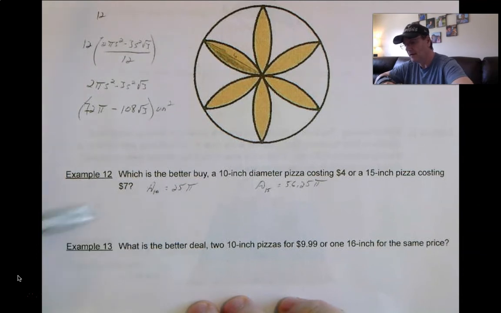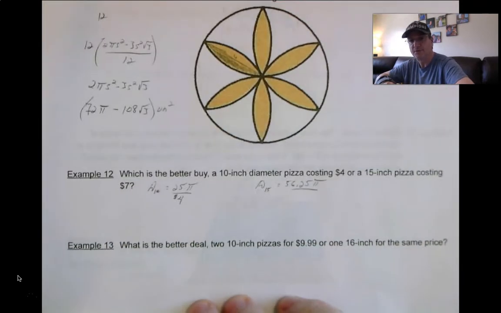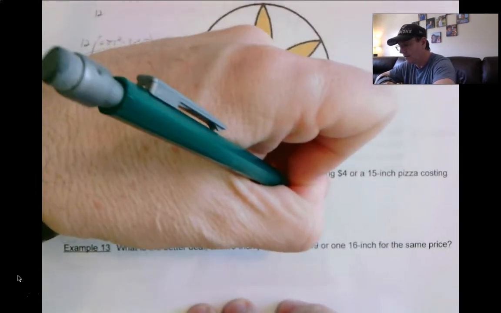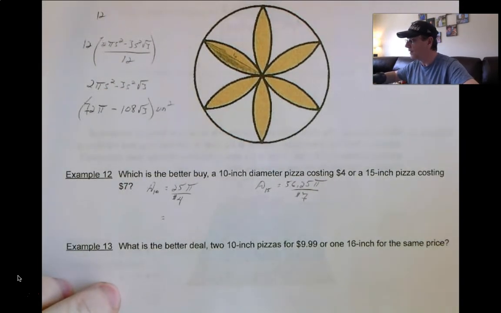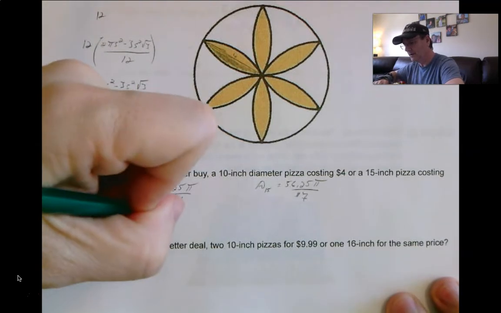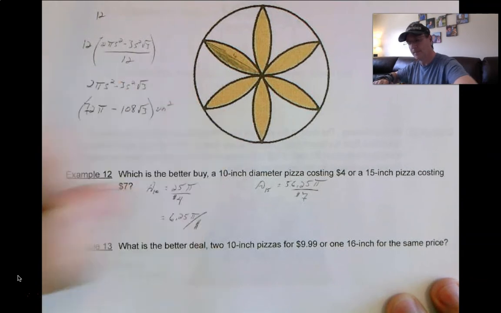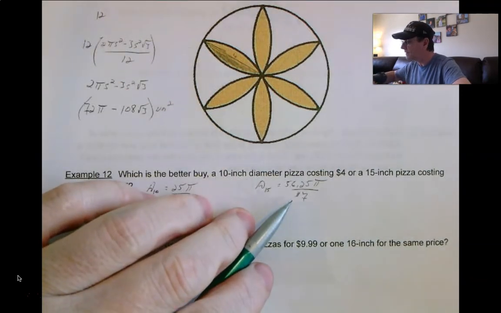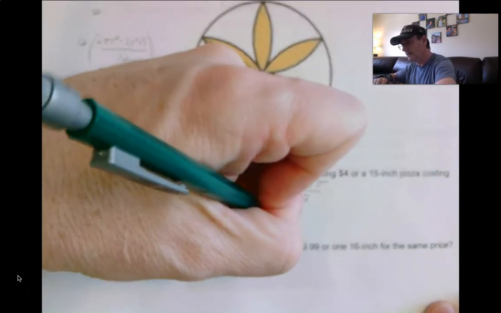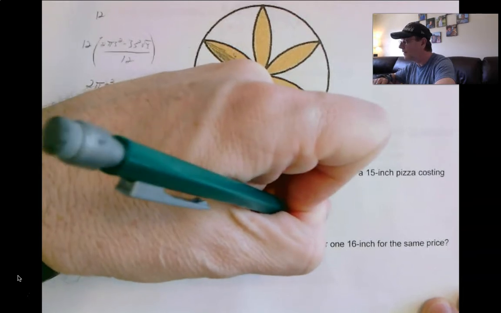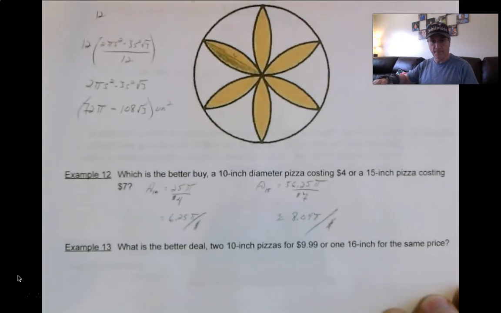So 25 pi for $4 or 56.25 pi for $7. 25 divided by 4 is 6.25 pi per dollar, and 56.25 divided by 7 is 8.04 pi per dollar.